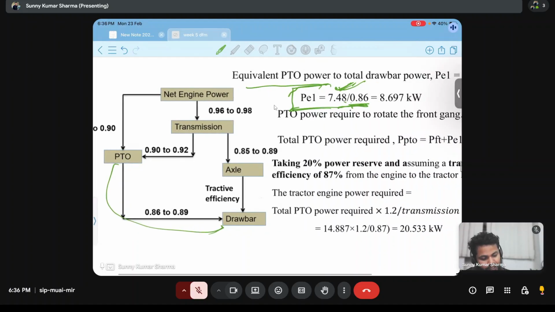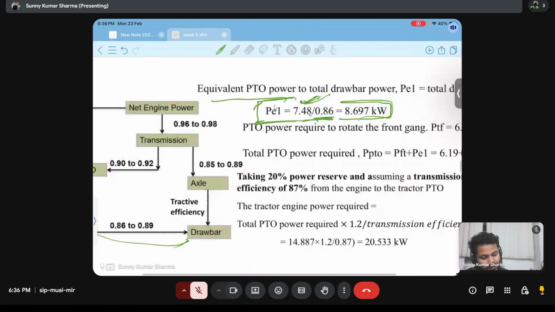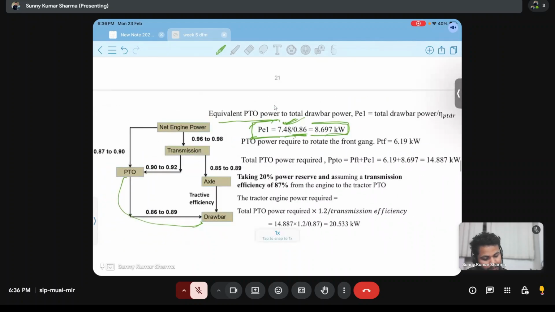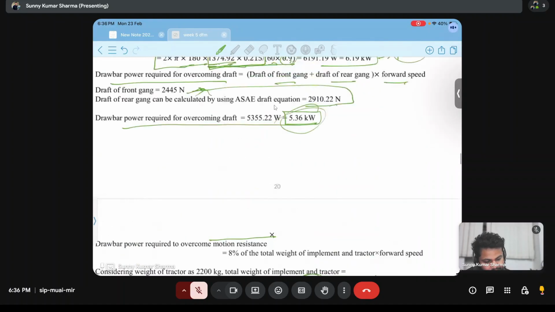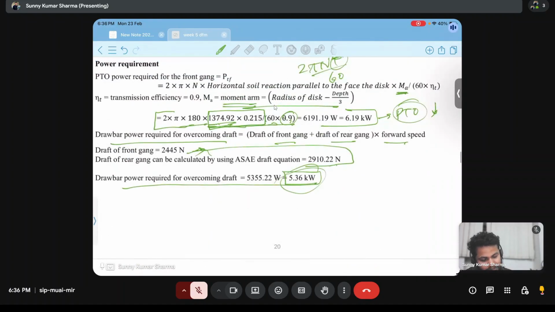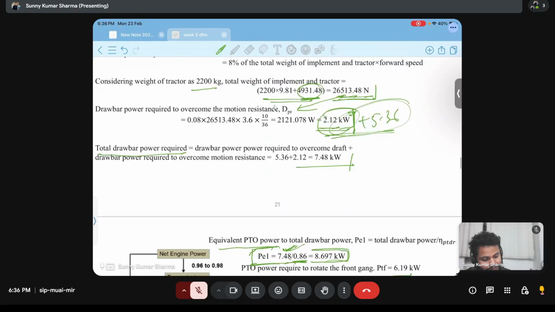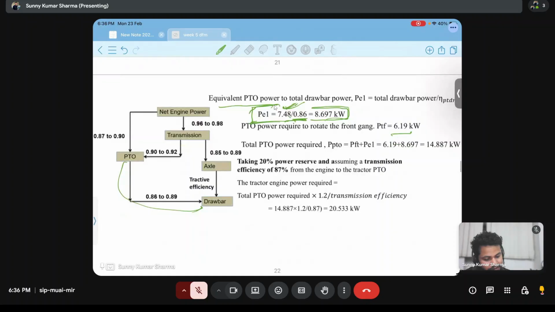So 7.48 by 0.86 is the equivalent PTO power for the total drawbar power, and the PTO power required to rotate the front gang will be 6.19, which we have seen above. So 6.19 was just the PTO power for front gang, and this is the equivalent PTO power converted from drawbar power.